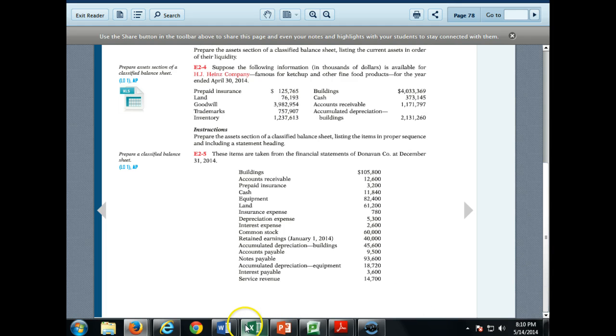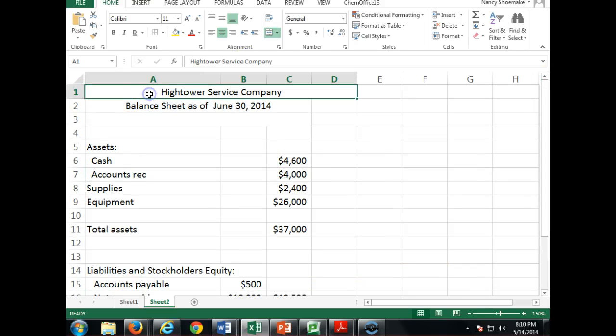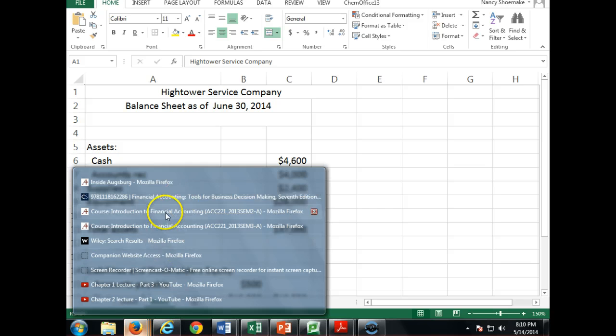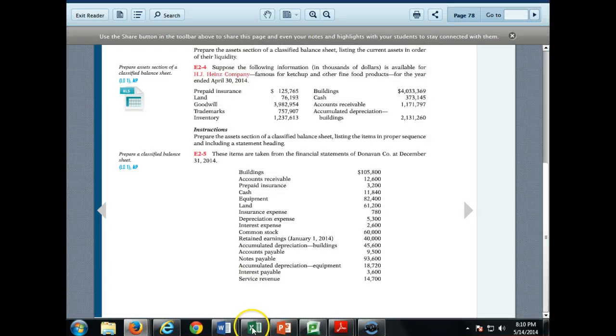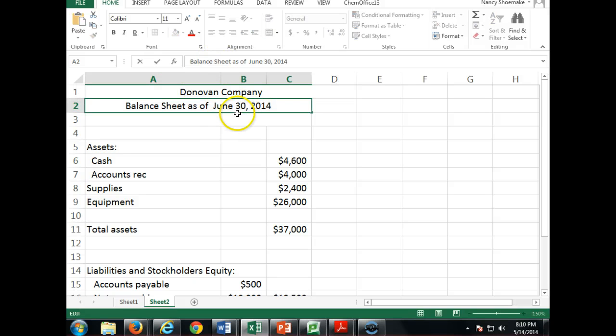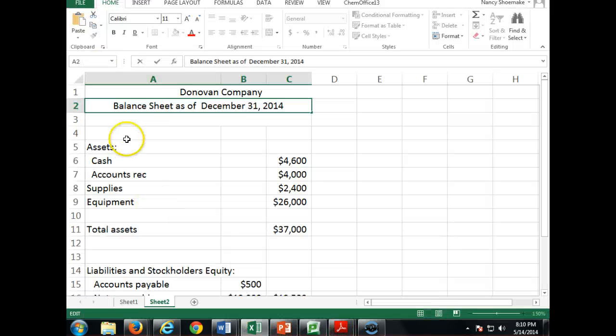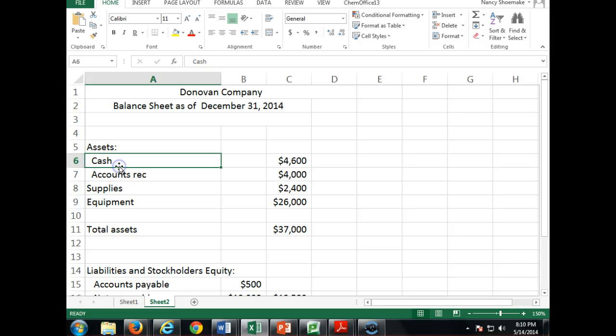Start out with the balance sheet. So what's the name of this company? Donovan Company, December 31st, 2014. Donovan, balance sheet as of December 31st, 2014, right? We're going to start with assets. Should we start with current assets?